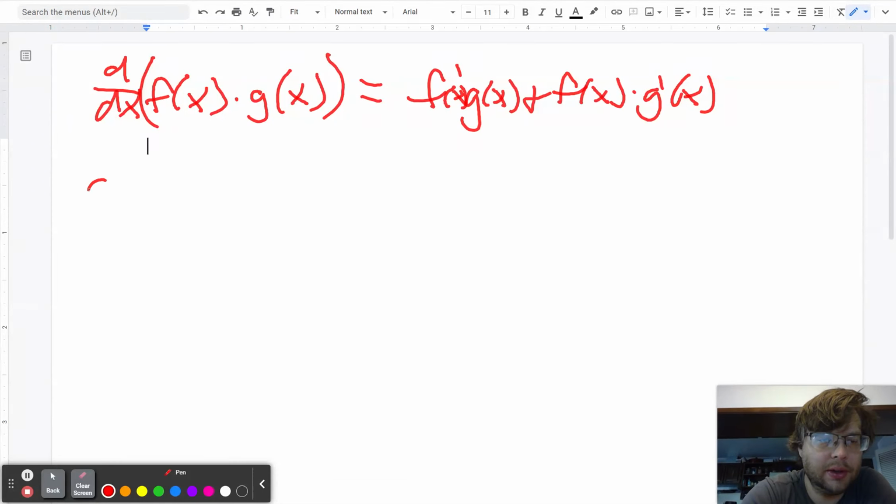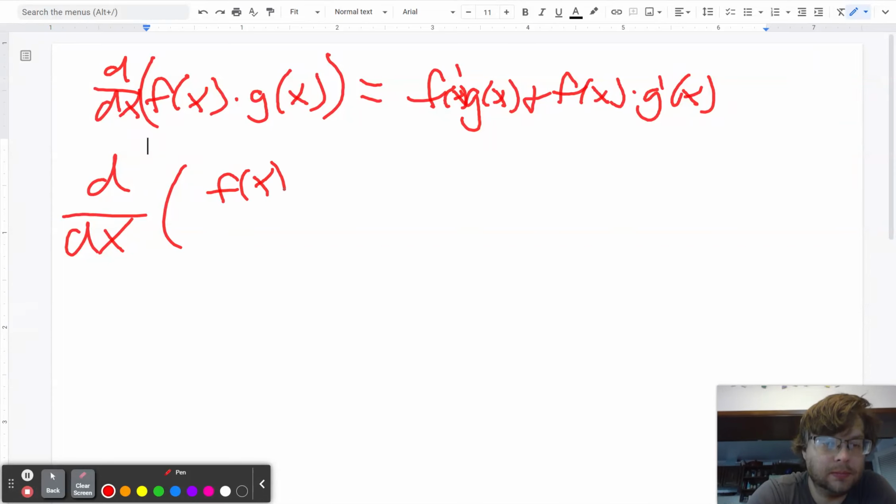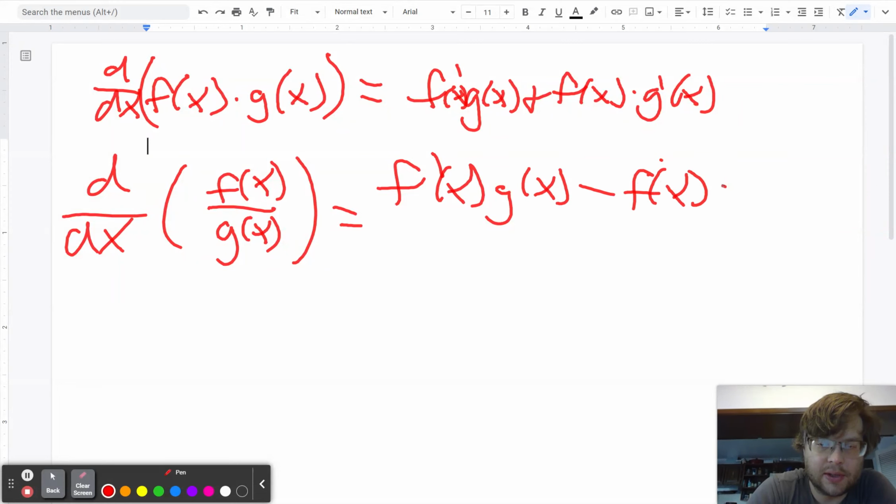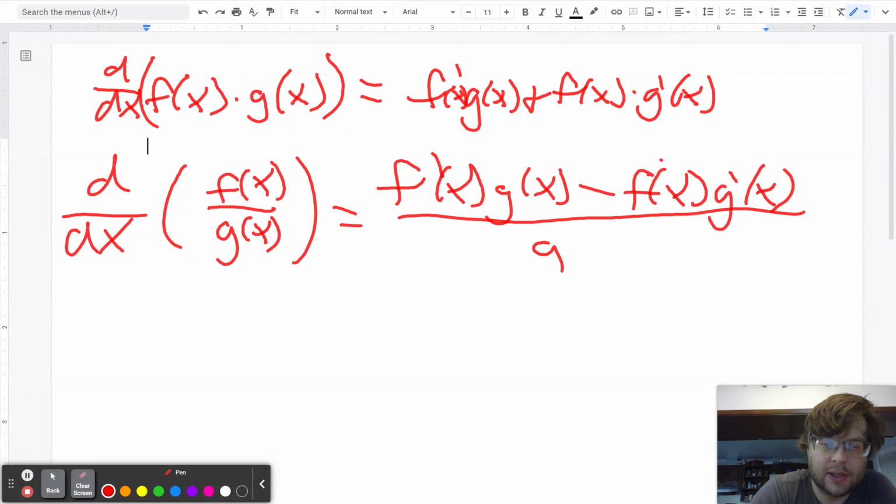And similarly, the quotient rule, which you can then write as f prime of x g of x minus f of x g prime of x over g squared of x.